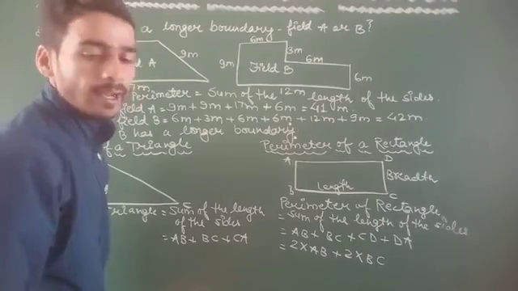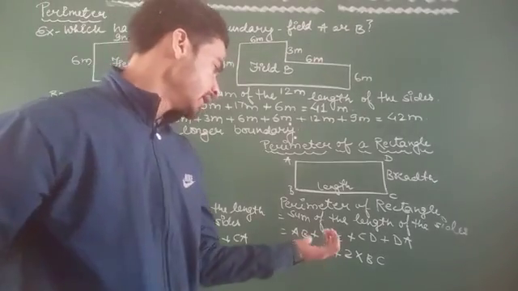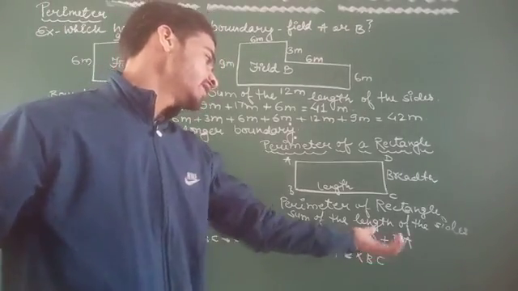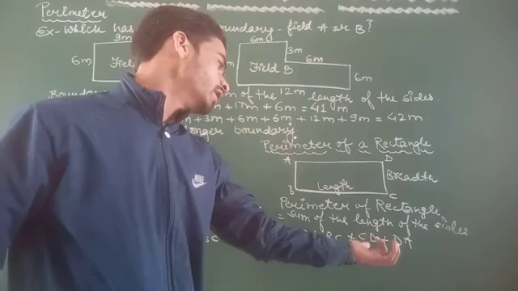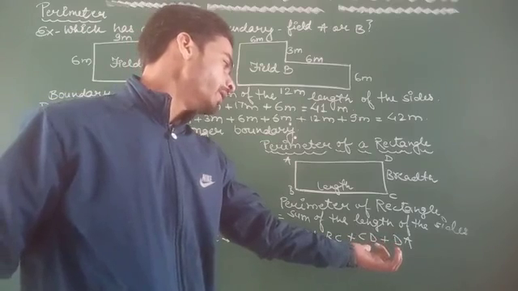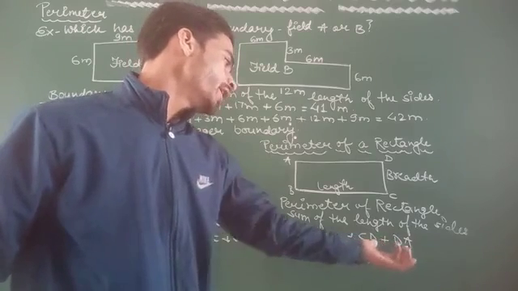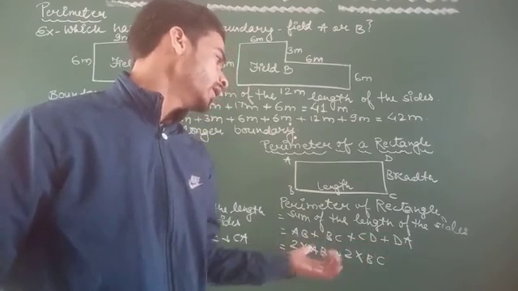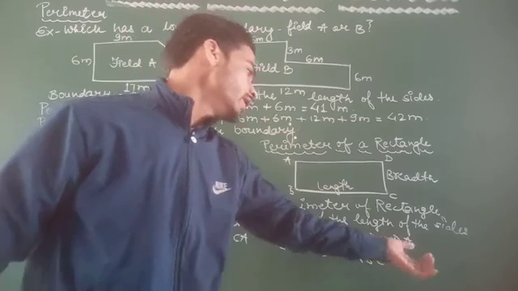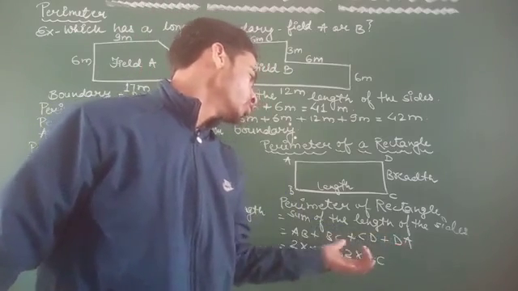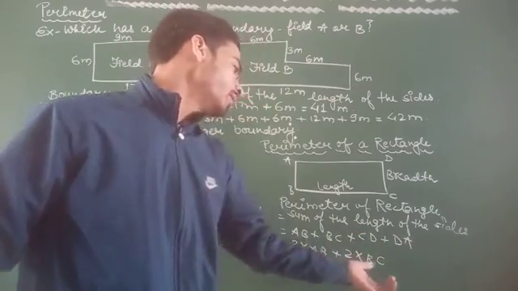Why? Because AB plus BC plus CD plus DA: AB is equal to CD, so writing AB in place of CD, that is 2 times AB, and BC is equal to DA, so in place of DA we can write BC, so BC plus BC is 2 times BC.